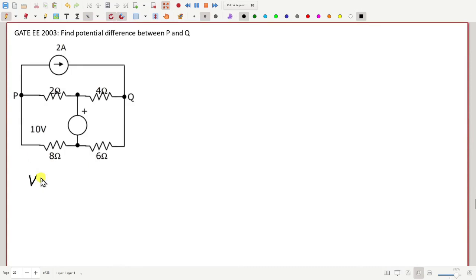Now here we have to find VPQ. Here is P, here is Q. So VPQ is from here to here. Let me take this side plus, this side minus. We have to find how much VPQ is.